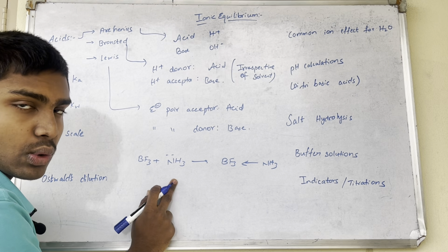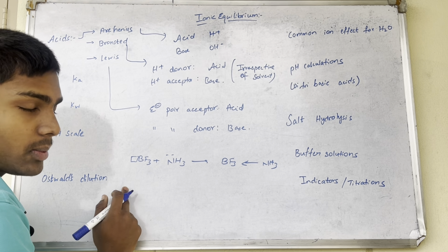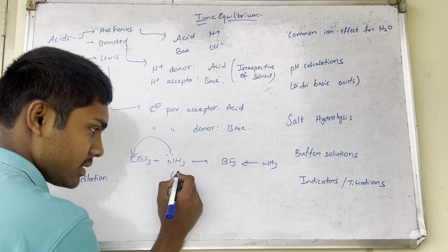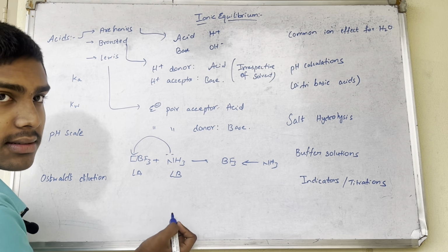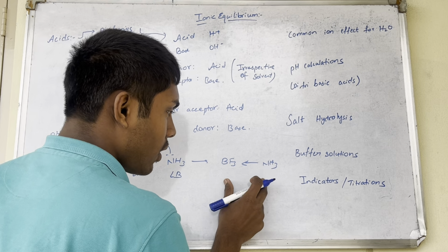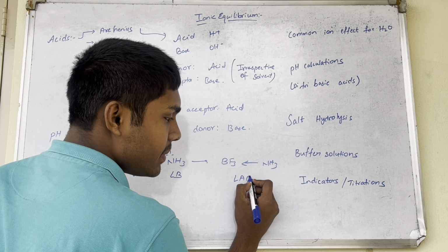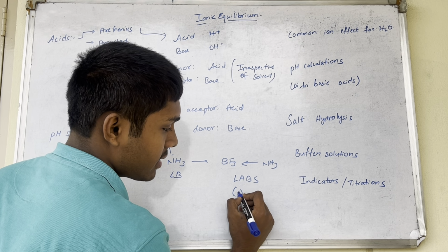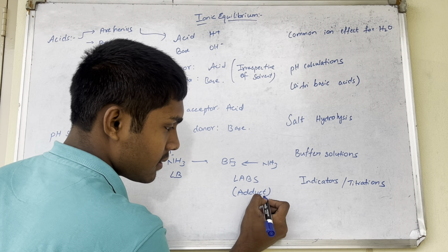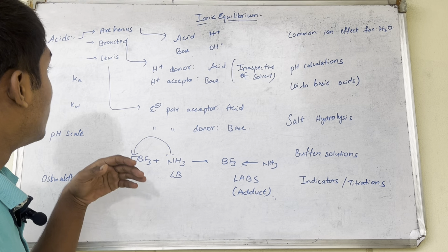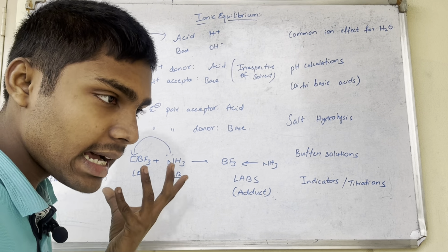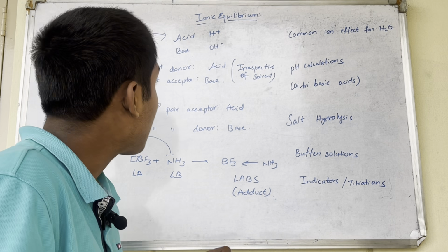Here NH3 has a lone pair and BF3 has a vacant orbital, so NH3 is donating the electrons like this. So this is a Lewis base and this is the Lewis acid. This forms a Lewis acid-base salt, which is also termed an adduct. This is the concept of how acids and bases are defined.